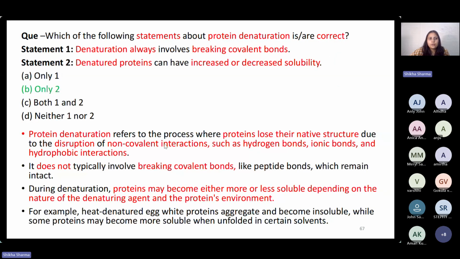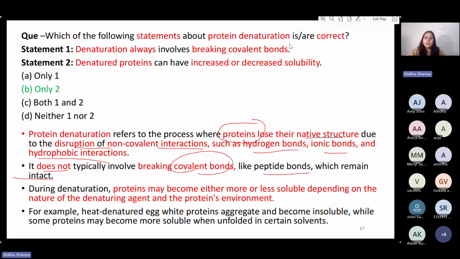So protein denaturation basically refers to the process where protein loses its native structure due to the disruption of non-covalent interactions such as hydrogen bonds, ionic bonds, and hydrophobic interactions. It does not typically involve breaking of covalent bonds like the peptide bond, which remains intact.